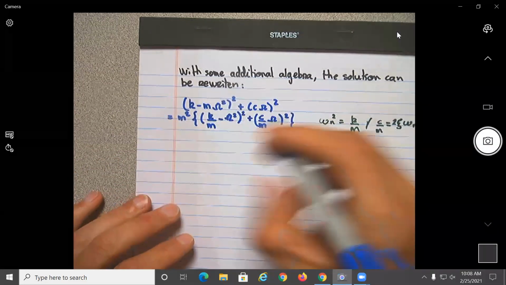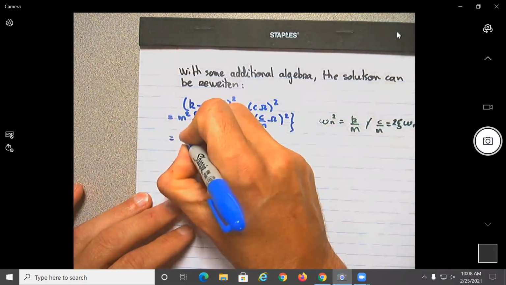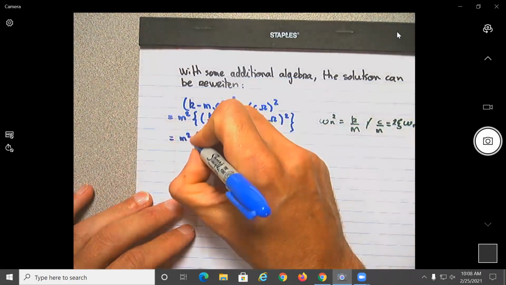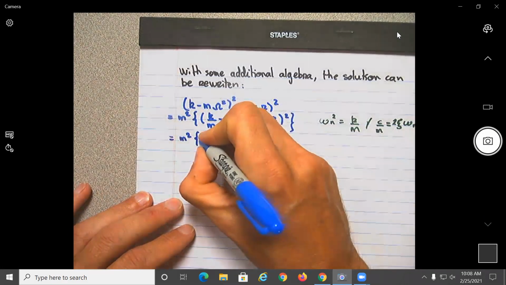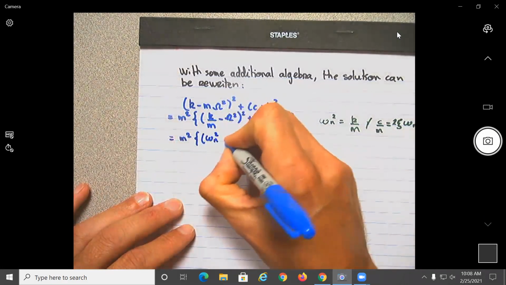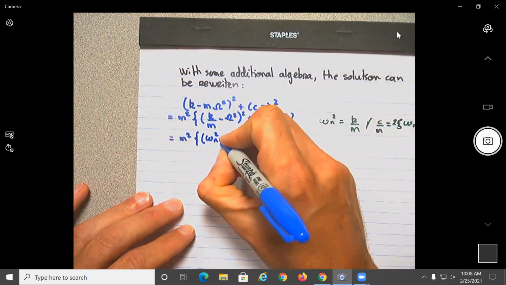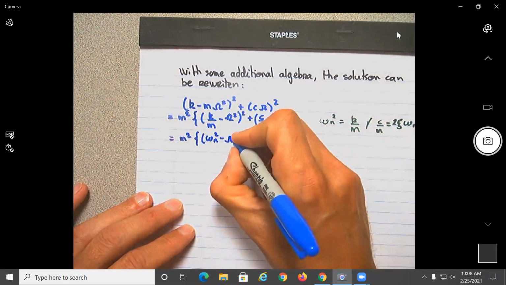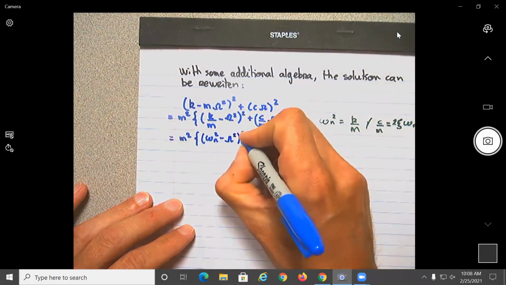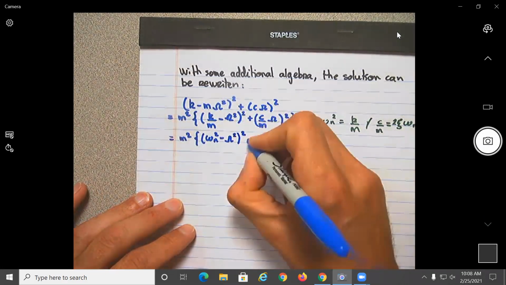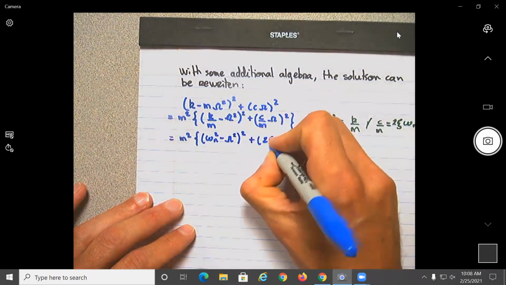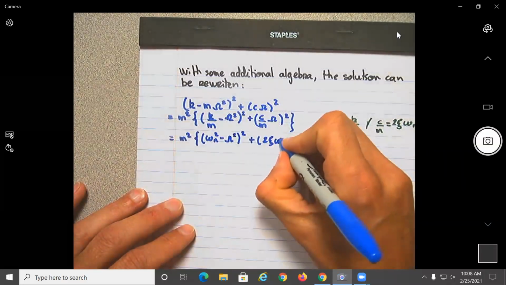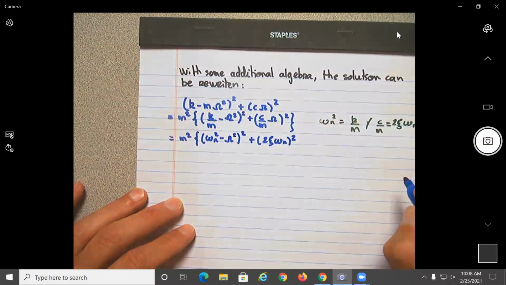So that means that over here, this term will become m squared times the factor of omega n squared minus capital omega squared, everything squared, plus 2 xi omega sub n capital omega, squared.